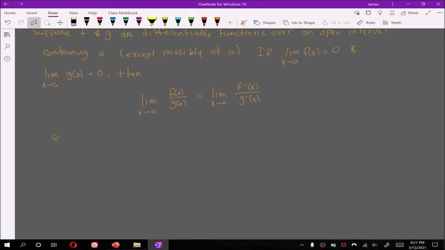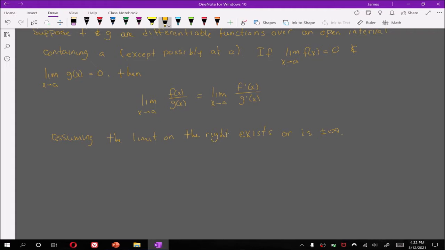Assuming, of course, the limit on the right exists or is infinite, either plus or minus infinity.